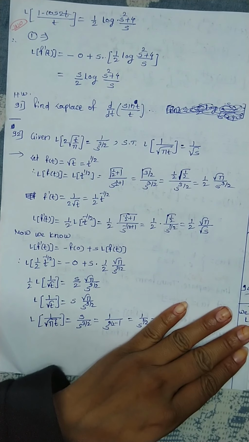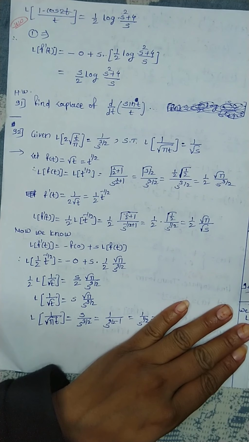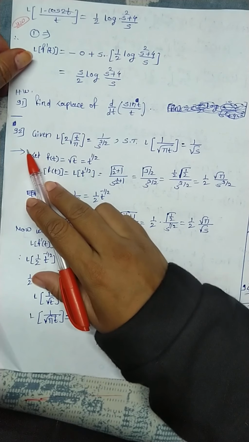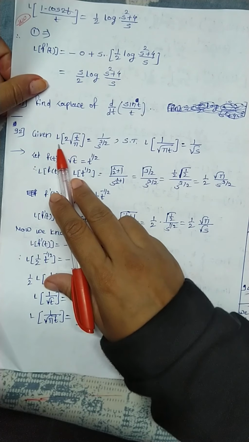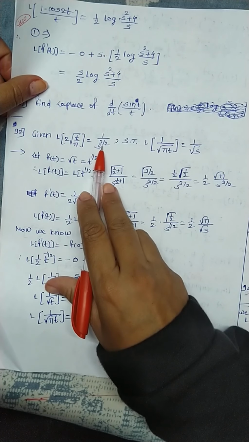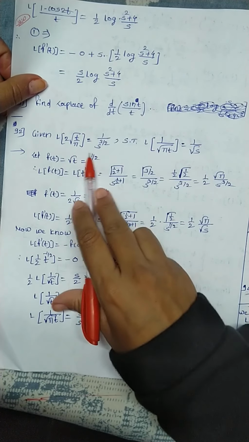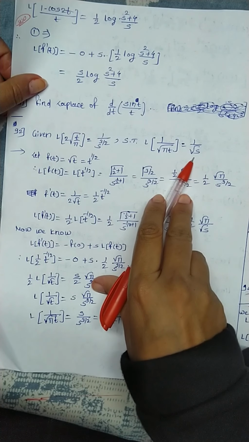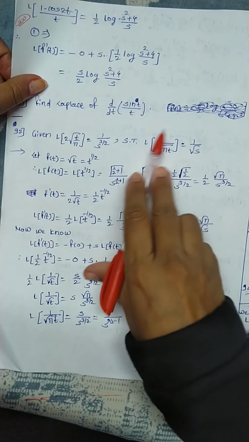Let us see now some numerical examples dependent on this. See, 92nd example. Given, this is the given thing: Laplace of 2 root t upon pi is equal to 1 upon s raised to 3 by 2. So we have to show that the Laplace transform of this function is equal to 1 upon root s. This is the original question.